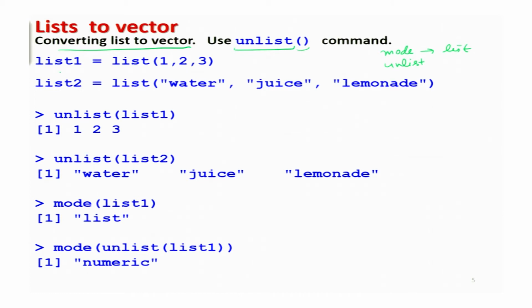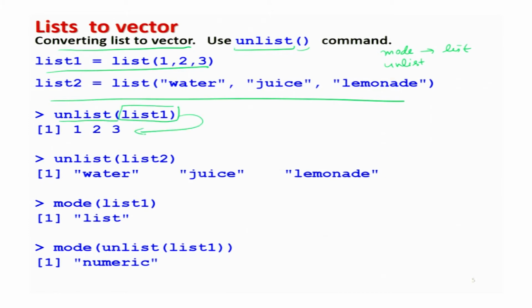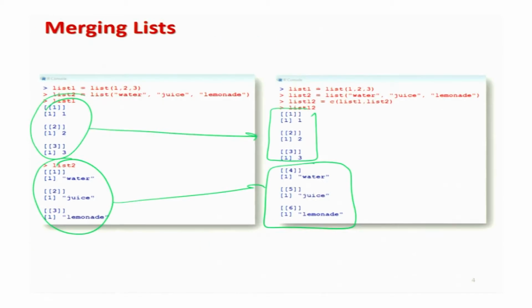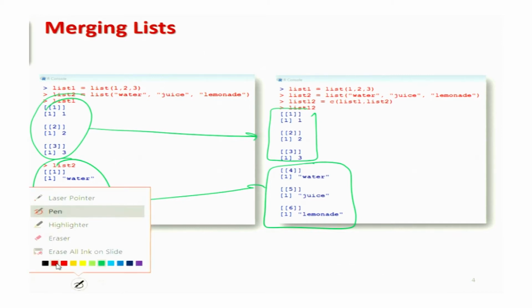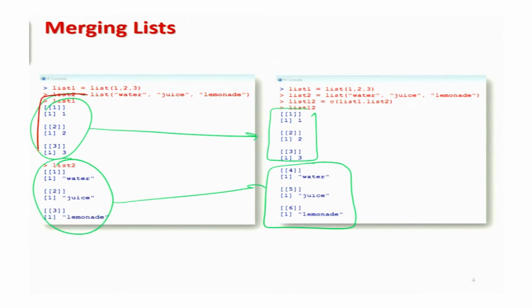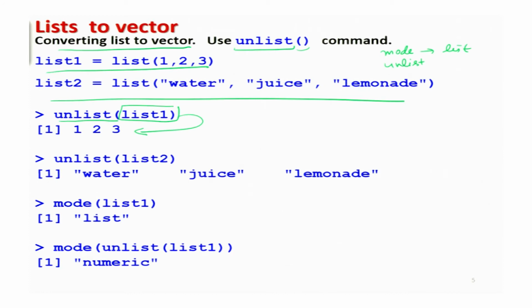So, let me consider the same list 1 and list 2 here. Now, if you try to see, I simply write down here unlist list 1. Now, this is converted into a vector. How to identify? In the earlier one, when you were looking at this list number 1, it was looking like this, with addresses inside the double square bracket. But now, this is only 1, 2, 3.